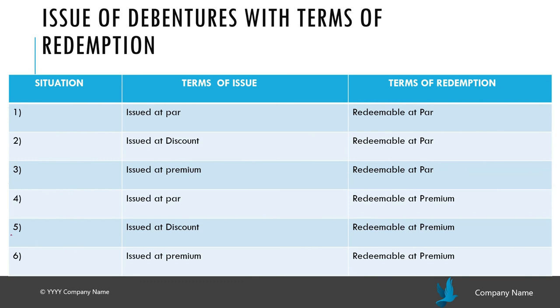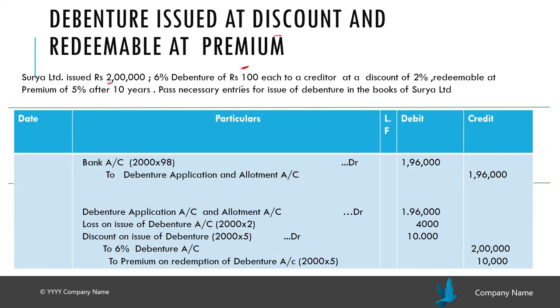Now come to the fifth situation, that is issued at discount and redeemed at premium. Surya Limited issued 2 lakh debenture of rupees 100 each to its creditor at a discount of 2%, that is rupees 2. Issue of debenture will be rupees 100 minus rupees 2, that is equal to rupees 98. Fine.